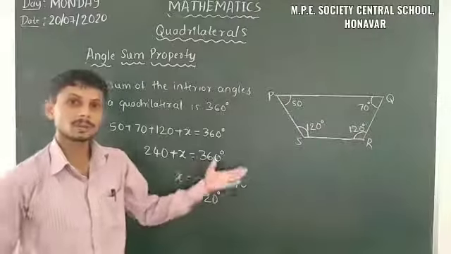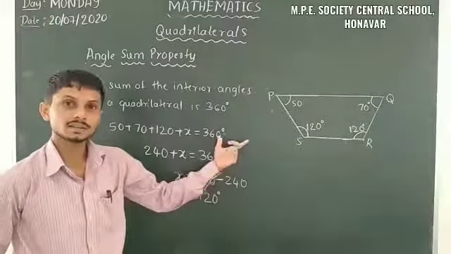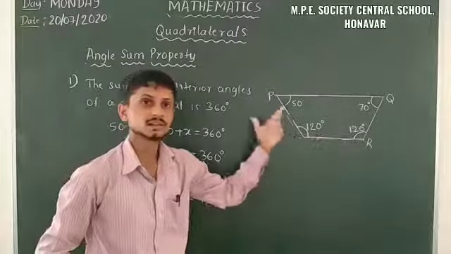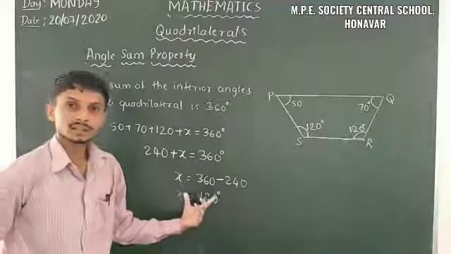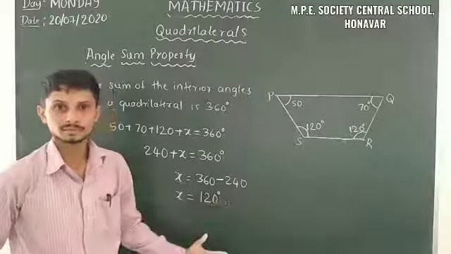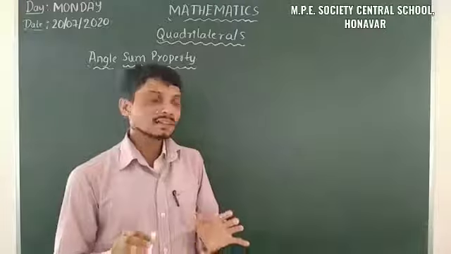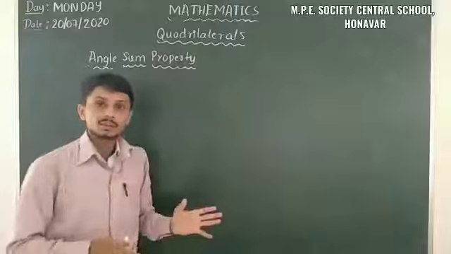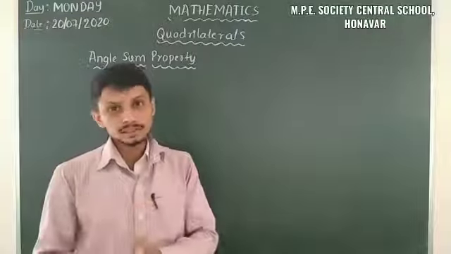So from the basis of the sum of the interior angles of the quadrilateral being 360 degree, we found the value of x. Let us move on to the next topic in the angle sum property. We already learnt that the sum of the internal angles of the quadrilateral is 360 degree.